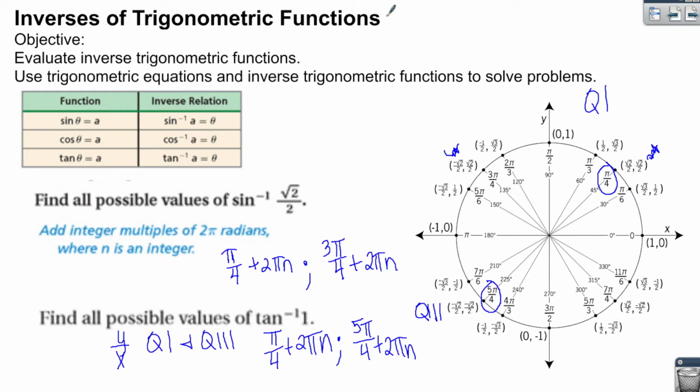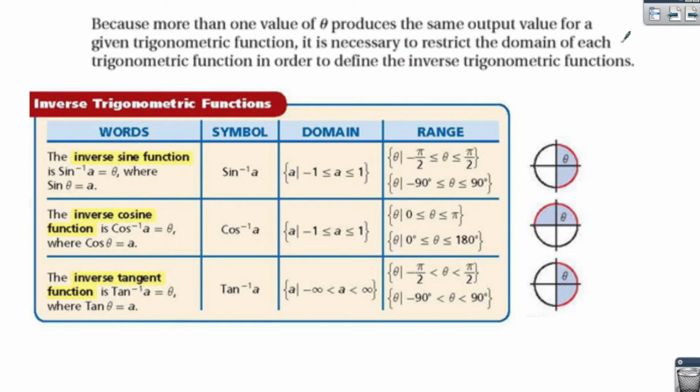So in order to achieve an inverse function, we're going to limit and provide a specific domain and range so that we are producing a function. So that's why in your notes, when you read your book, it says it is necessary to restrict the domain in order to define a specific inverse function.